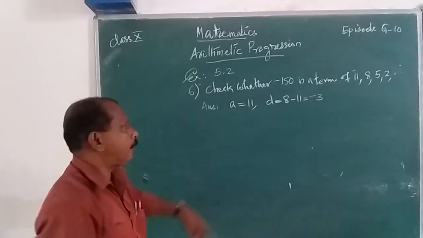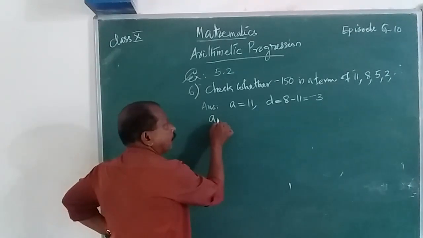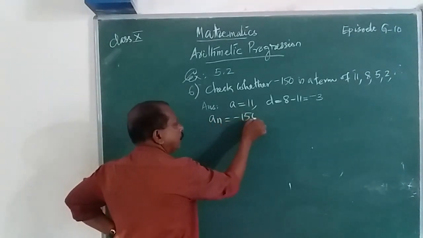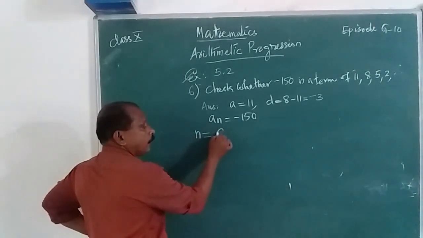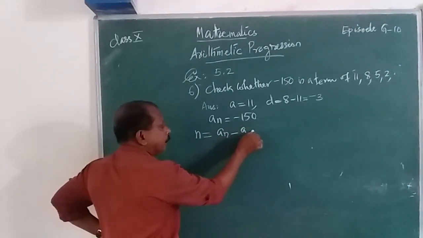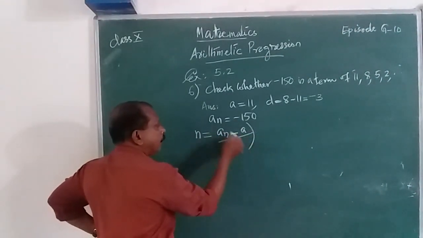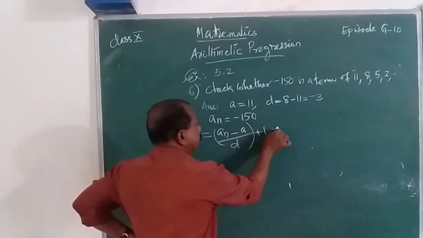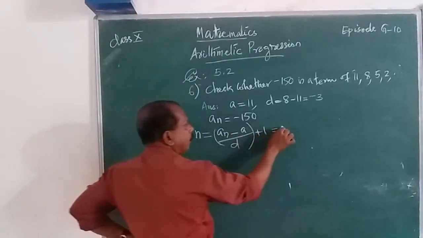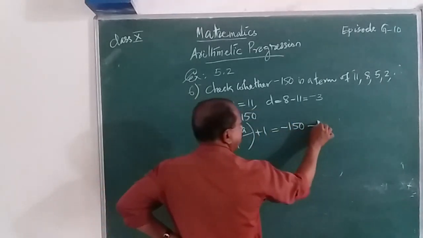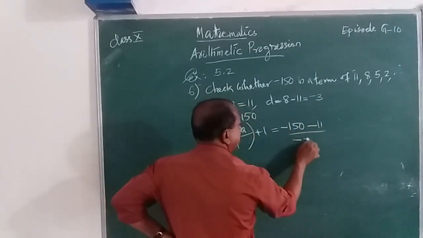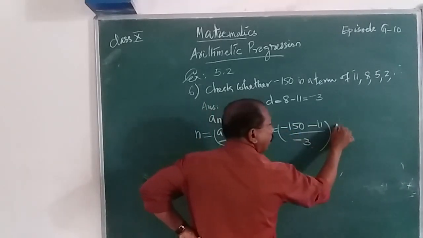Then the last term, let us assume that An is equal to minus 150. Then n is equal to (An minus a) by d plus 1, is equal to, what is n? Minus 150 minus 11 by minus 3 plus 1.